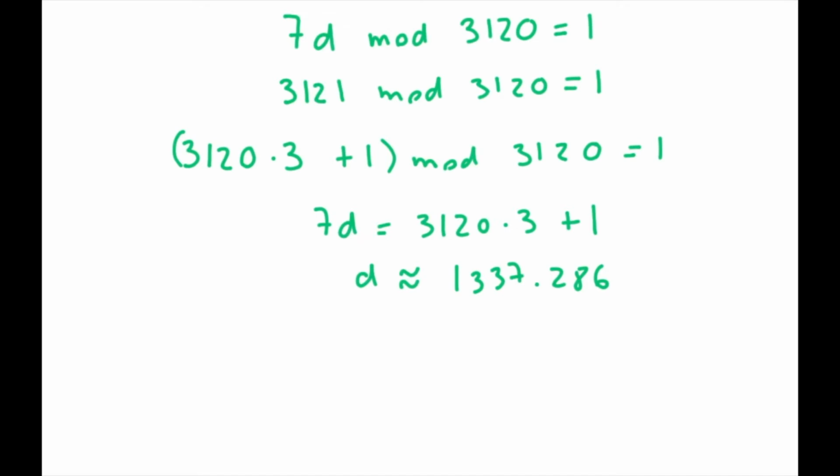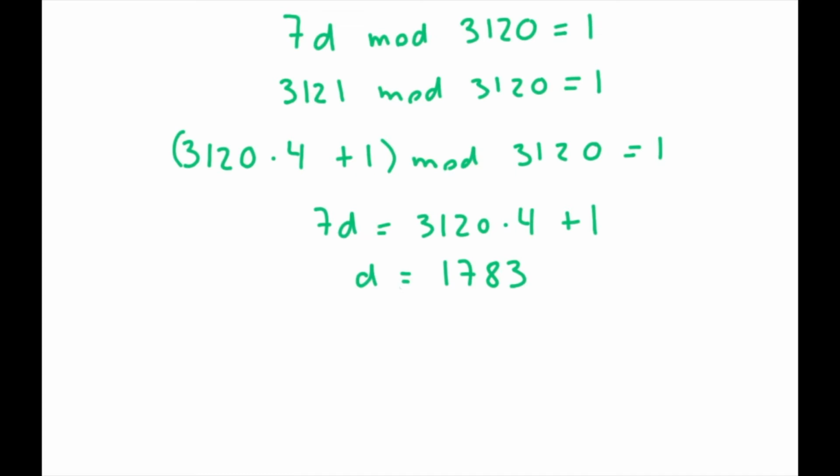And so I try one last time, this time multiplying 3,120 by 4. Setting 7D equal to 3,120 times 4 plus 1. And this time I get a value of D that is exactly equal to 1,783. And I finally have a valid integer value for D.